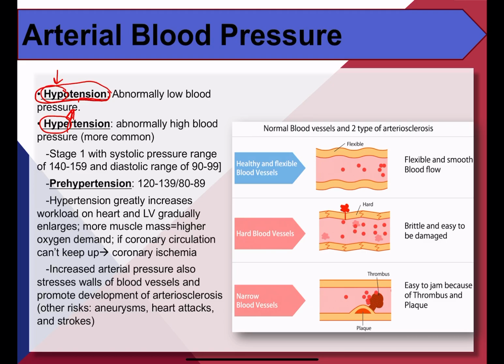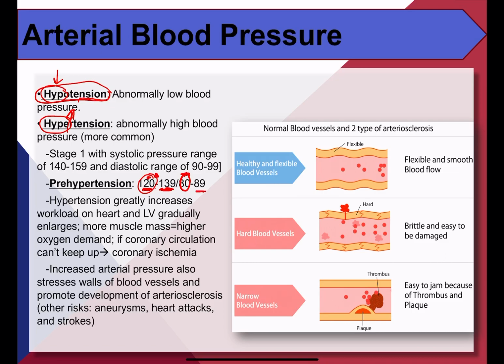But pre-hypertension is when systolic pressure goes above 120. Okay, never mind, 120 over 80 is normal. So we're talking about going above that to about 139 for systolic and 89 for diastolic. Those are when you are considered as pre-hypertension.